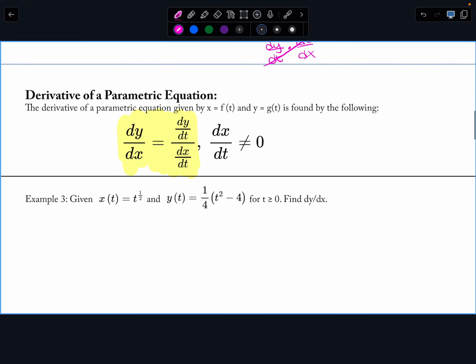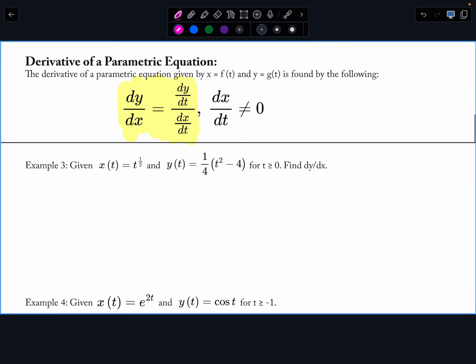Okay, so I need to find a dy dx, which means I need to find a dx dt and a dy dt, and then I need to take the quotient of them, right? I don't care which one you find first. I always find dx dt, or whatever is listed first. So that's a 1/2 t to the negative 1/2. I find a dy dt, which if I was smart, I would have taken this as a 1/4 t squared minus 1 and then done my derivatives.